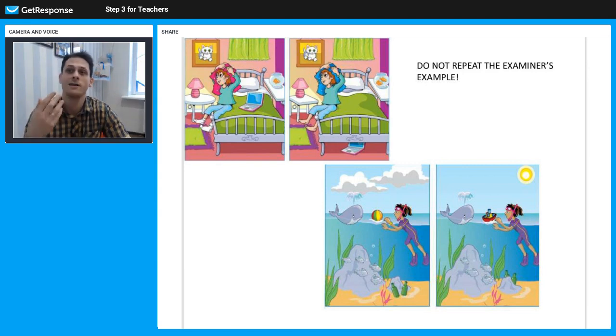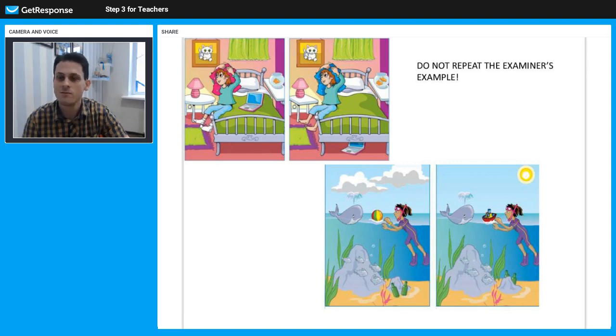And then I will say, and now, could you give me some more examples? So if the student repeats my example, it's not a point lost per se, but it's also not a point gained. So they should listen carefully to what the examiner is saying.